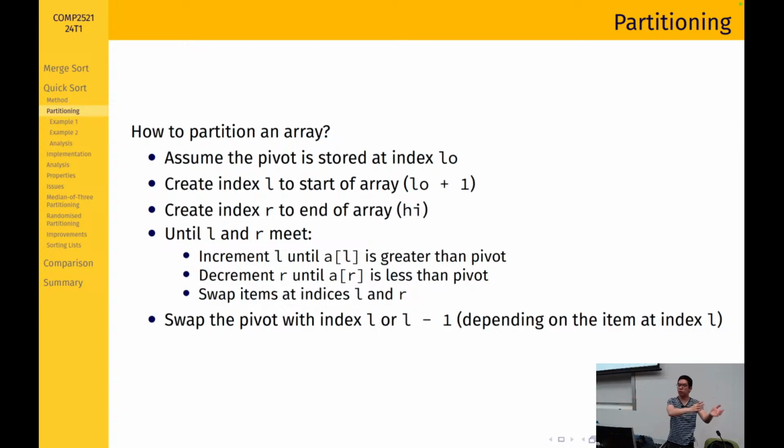We go to the right pointer and decrement it until we find an element that's less than the pivot. That element doesn't belong on the right-hand side of the array, it belongs on the left. After we've done that, we swap them, and we repeat that until L and R meet in the middle. Then we take the pivot and swap it into the middle of the array. I'll show you a couple of examples of this.